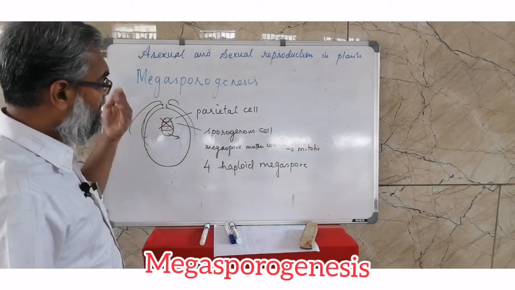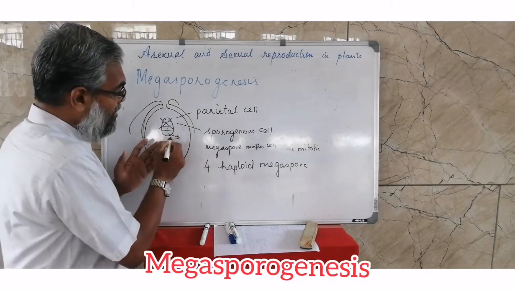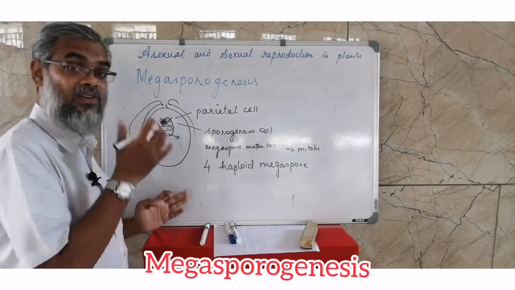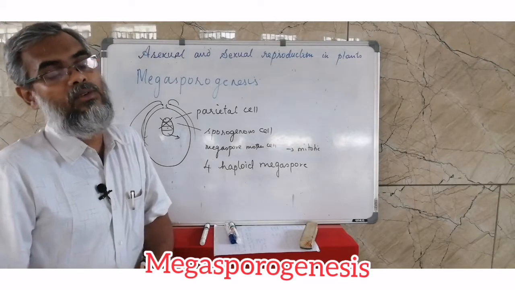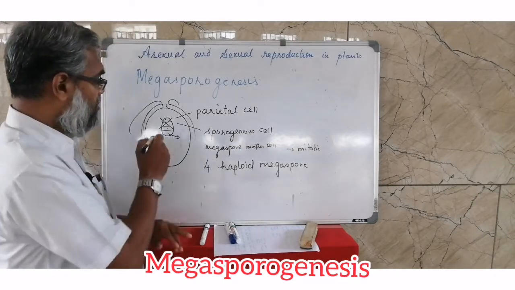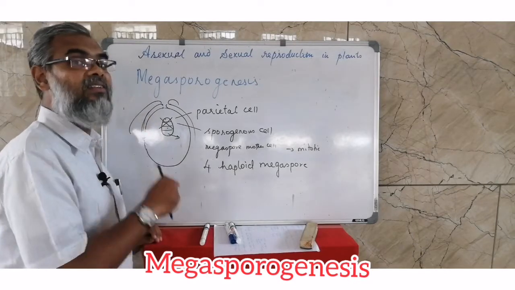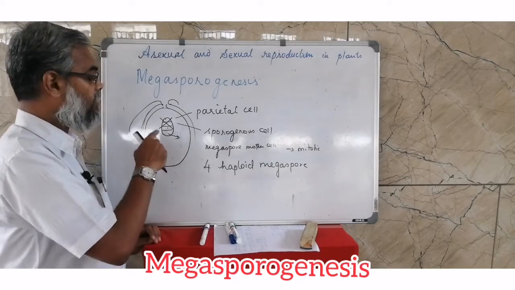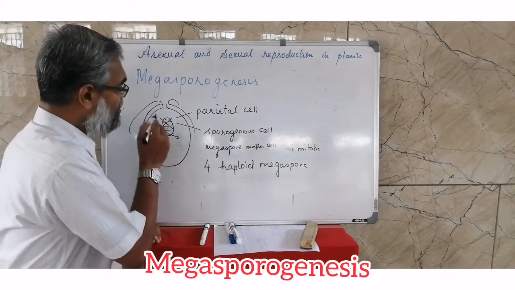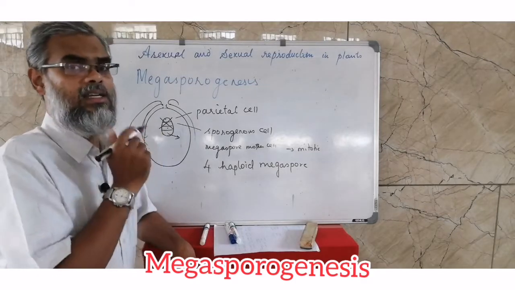One towards the chalazal end alone becomes functional, and this will take part in embryo sac formation. Okay, so out of 4, 1 will become functional and the other 3 will degenerate. The one towards the chalazal end will become functional. So this will become the embryo sac. So embryo sac formation occurs like this.